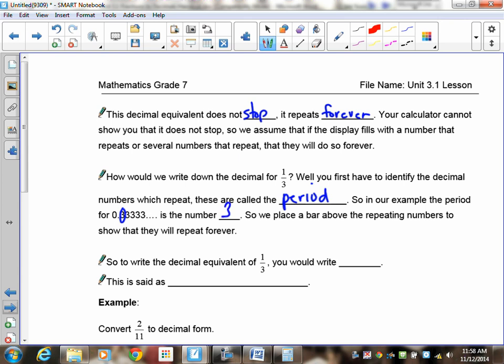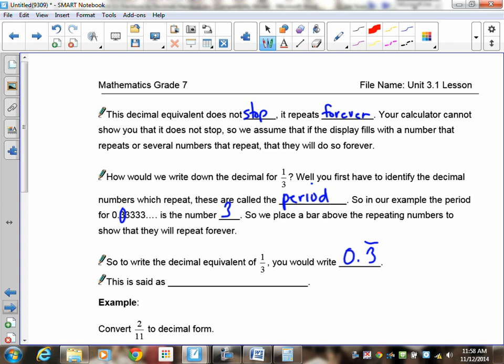So to show that that is the part that repeats, you're going to put a bar over top of just that 3. So to write the decimal equivalent of 1 over 3, you would write 0.3 and put a bar or a line right above the 3. It's very important that it's just above the 3. Don't put it anywhere else. It can't be above the 0, it can't be above the decimal, and it can't extend past it.